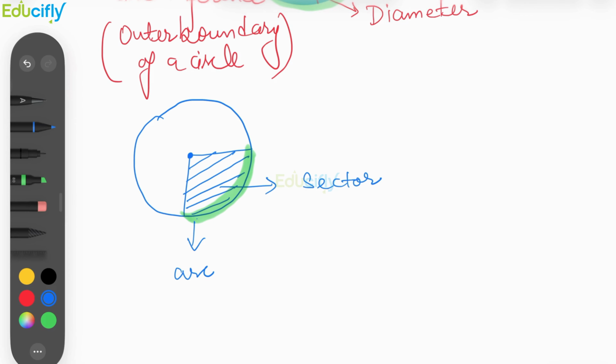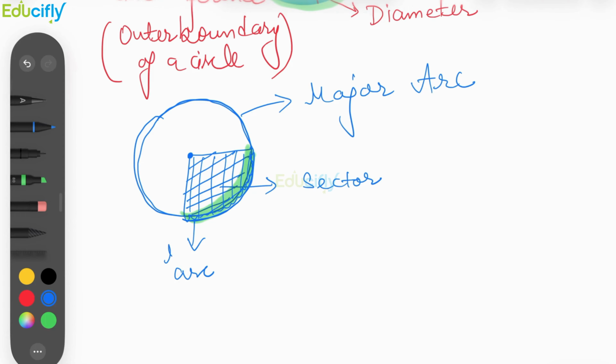If we are taking the sector in consideration, sector is the inside part, the whole part which is this one. But if we are talking about an arc, arc is only this part, which I made with a green marker. Here it is a small portion, and the rest of the part is quite big, which is here. So this is called the major one. It is the major arc, and the lower part here is your minor arc.